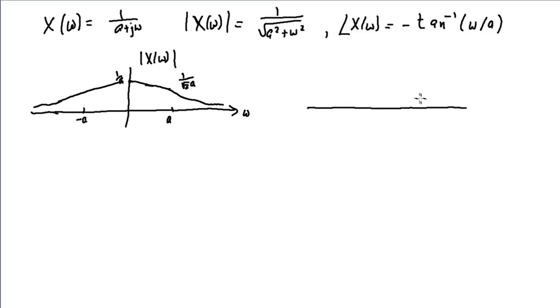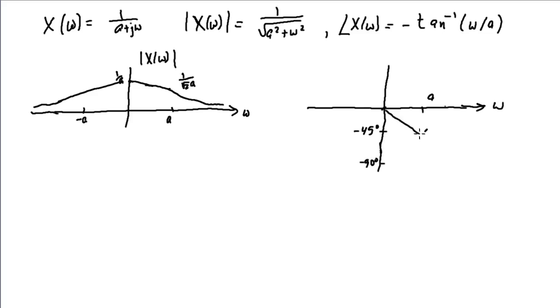And then the phase spectrum as a function of omega: at omega equal to 0, this is 0. At omega equal to a, we get the inverse tangent of 1, for 45 degrees, so minus 45 degrees there. As omega continues to increase, this will approach negative 90 degrees for positive frequencies.